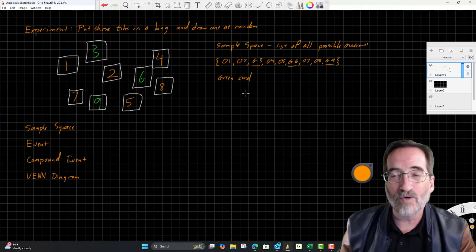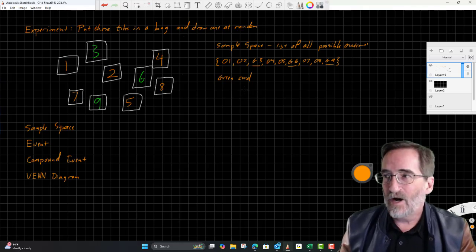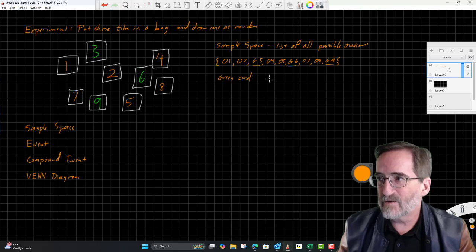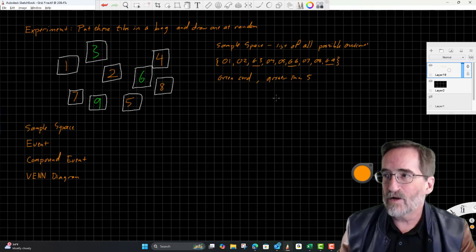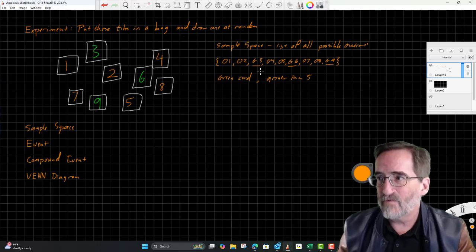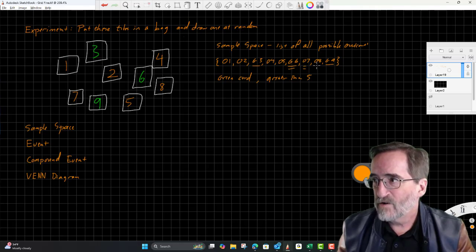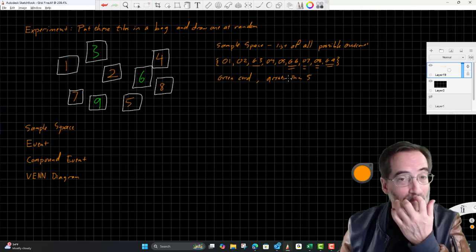Those are green cards. I might have an event like getting a number greater than 5. In that case, those outcomes are green 6, orange 7, orange 8, green 9. Those are all greater than 5.